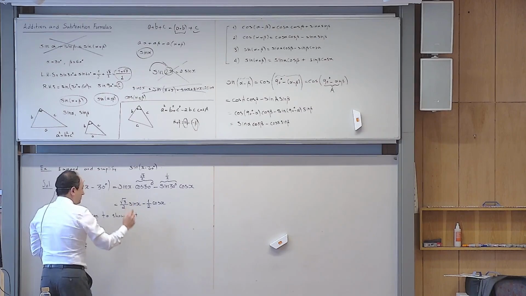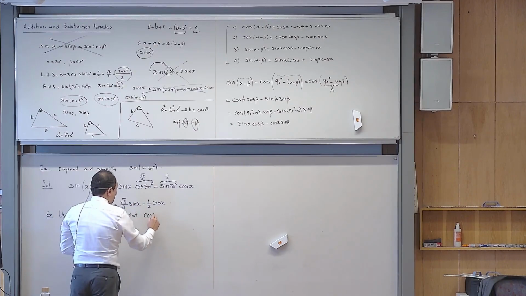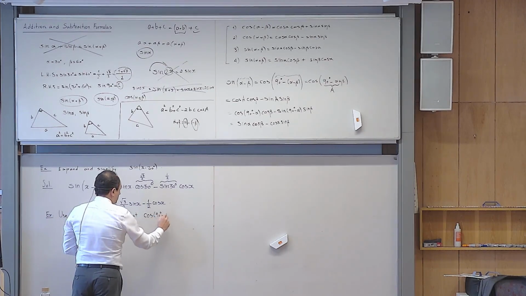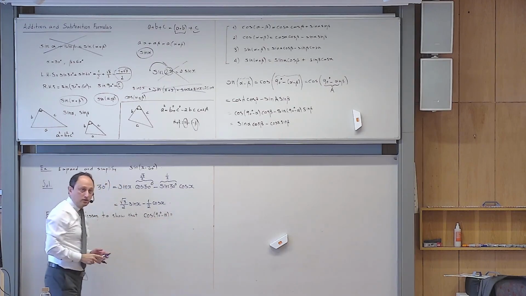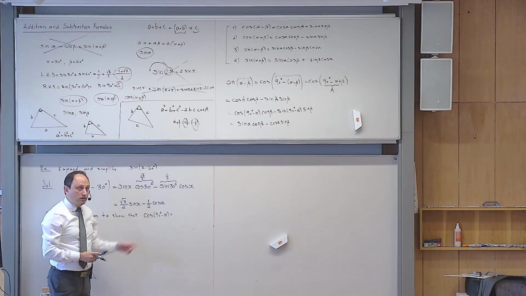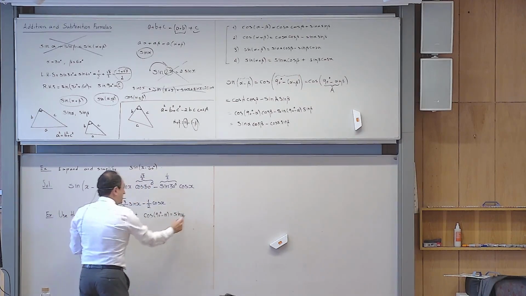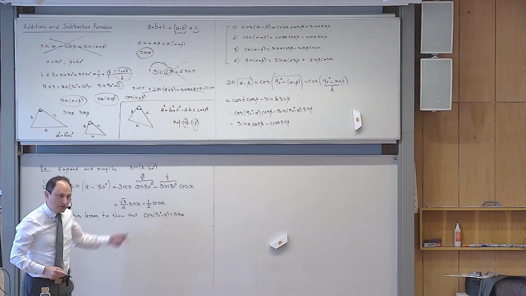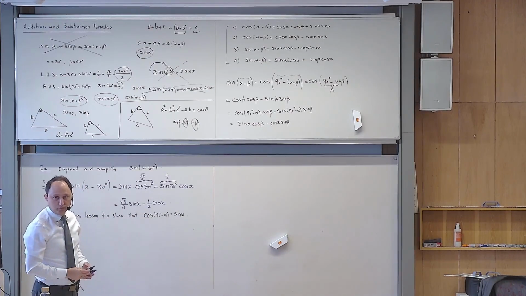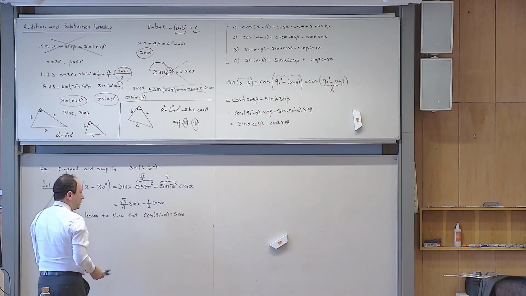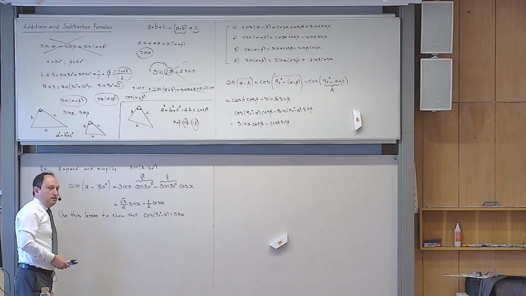For example, let me write cosine of 90 degrees minus alpha is equal to, you already know the answer. What is the answer? It's sine alpha, yes? But I want to use this new lesson to rediscover the same formula that we already knew. So can I do that? Is it relevant to this lesson now?